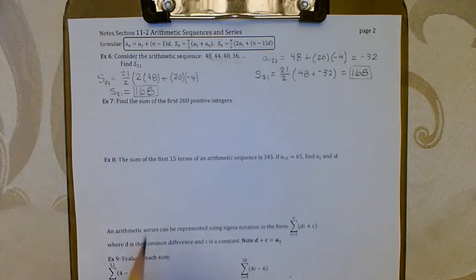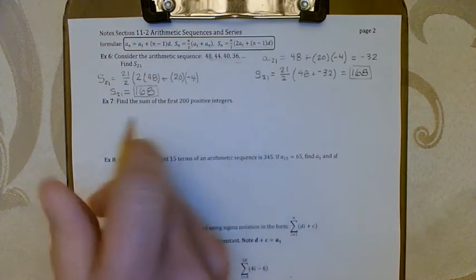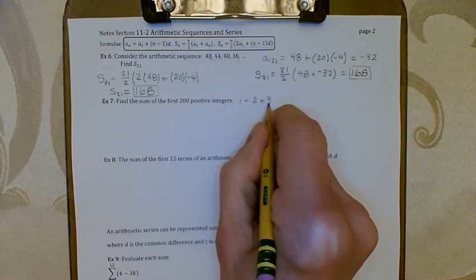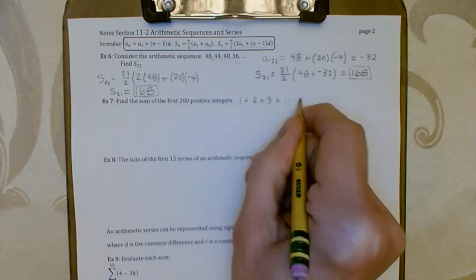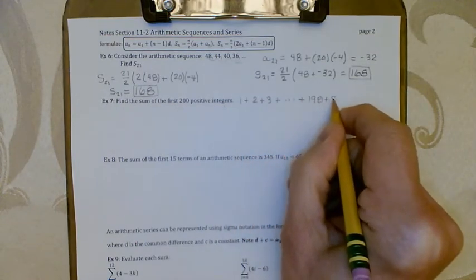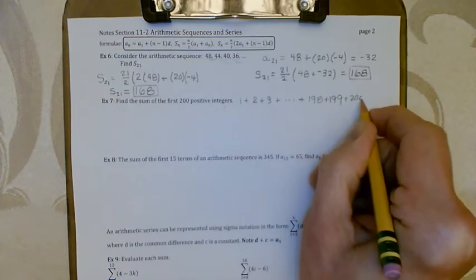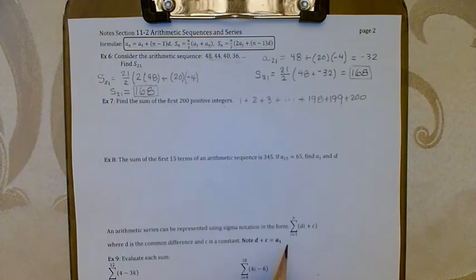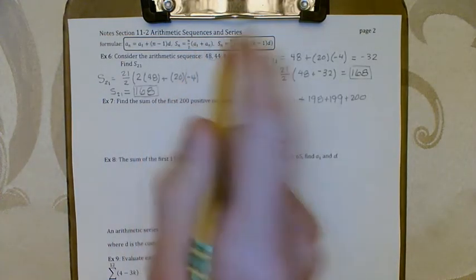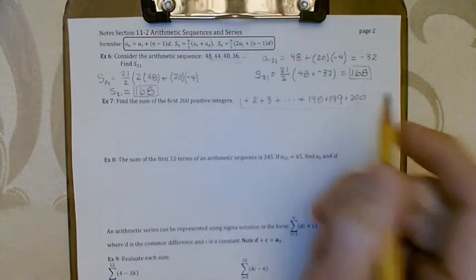Okay, so the next one, find the sum of the first 200 positive integers. And so if we write these out, that would be like 1 plus 2 plus 3 plus ... and going up to 198 plus 199 plus 200, and then adding all those up. So this formula is the easiest one. This is just that idea of we use the first and the last term.